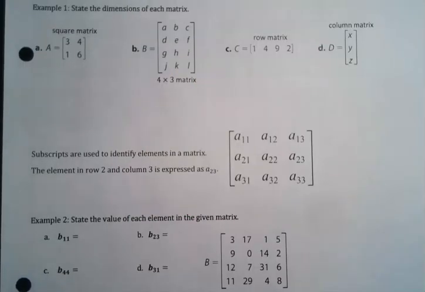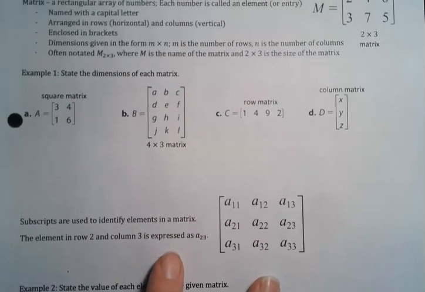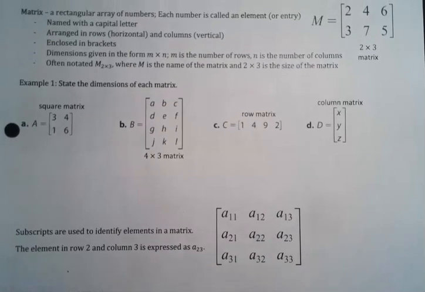In example 1, we want to state the dimensions of each matrix. Let me move this back down a little bit to where we've got some information about the matrix. Remember, a matrix's dimensions are stated as the number of rows by the number of columns.